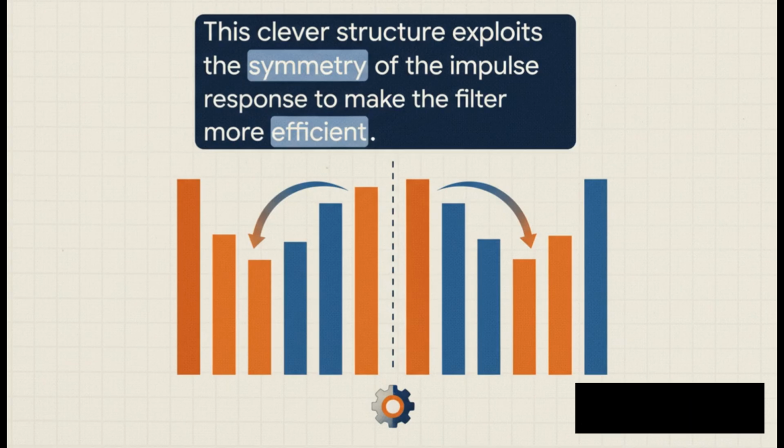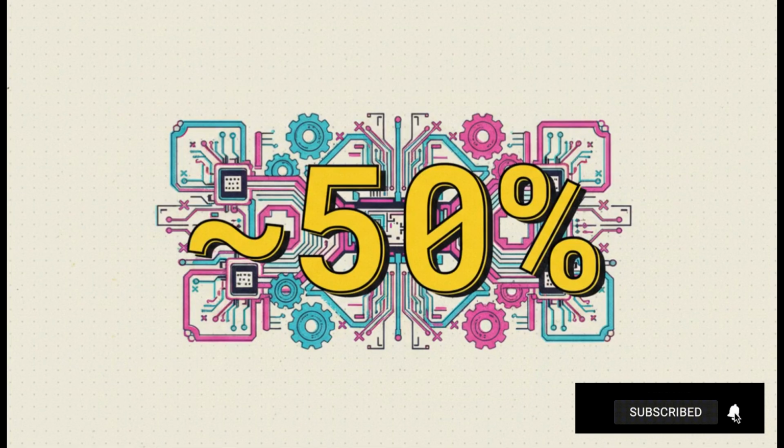It basically notices when the filter's math has a symmetrical pattern to it, and then uses that symmetry as a shortcut to save a ton of work. And the payoff for being that clever? It's huge. By using that symmetry trick, this structure can cut the number of multiplications it has to do by almost half, compared to the most basic blueprint. In a world where every bit of processing power counts, that is a massive, massive win.